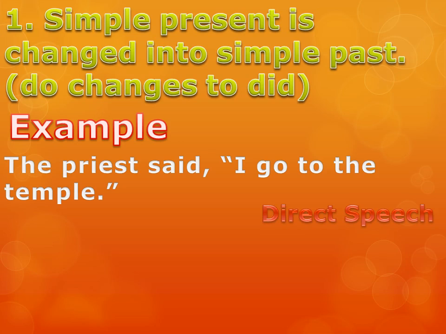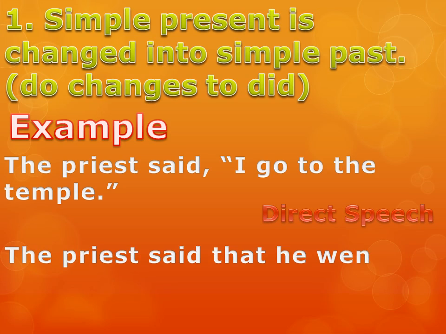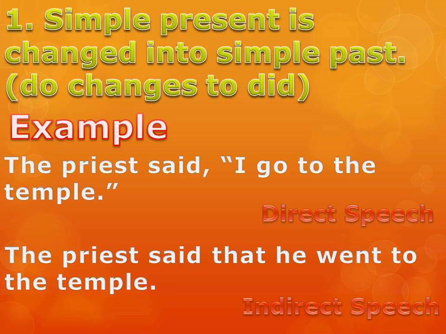Now when we change this direct speech into indirect speech, it will become the priest said that he went to the temple. This is the indirect speech. Now let's see. In this example, the simple present go has been changed to simple past went.